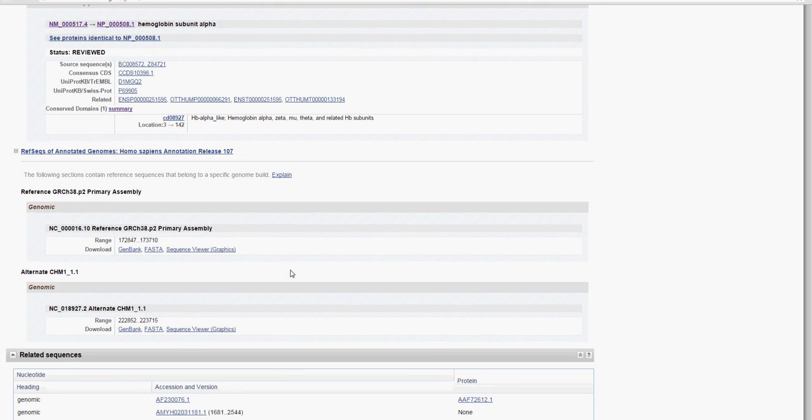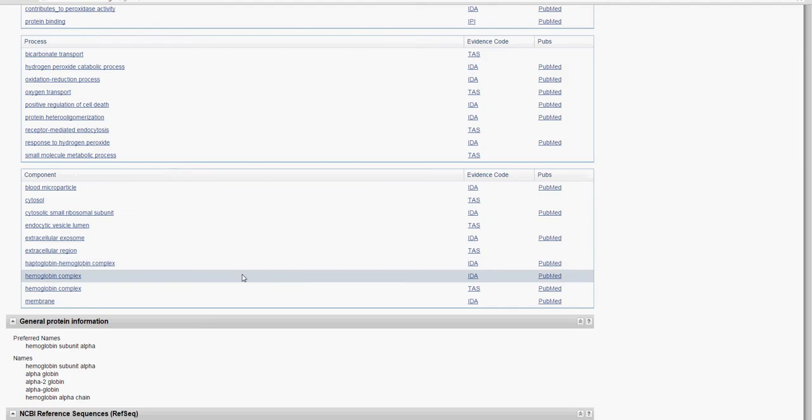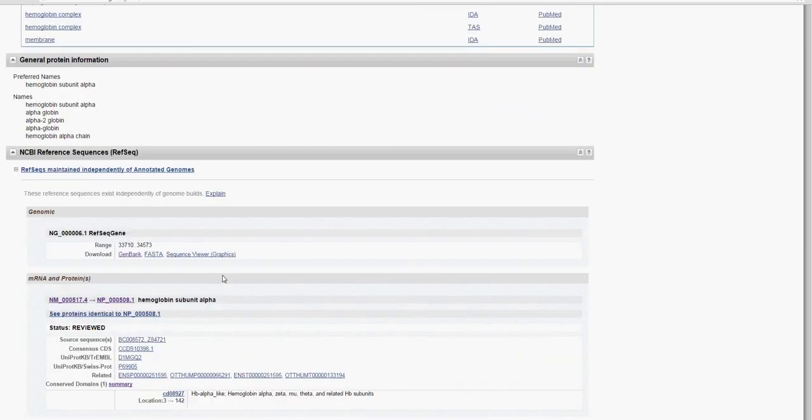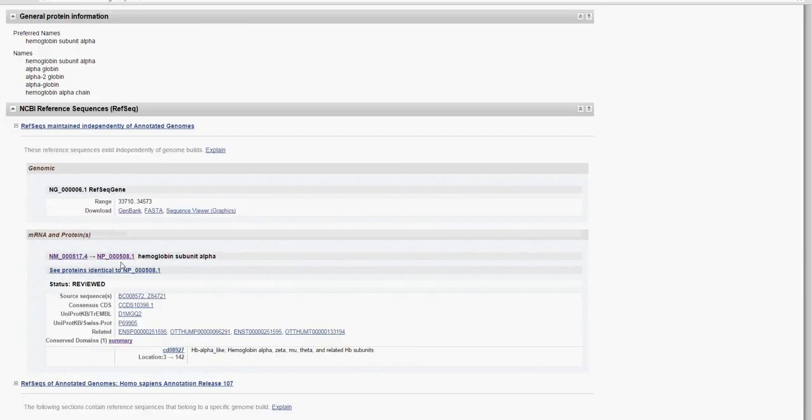Now, if I want to look for a conserved domain in this protein, it's again under mRNA and protein, conserved domain.